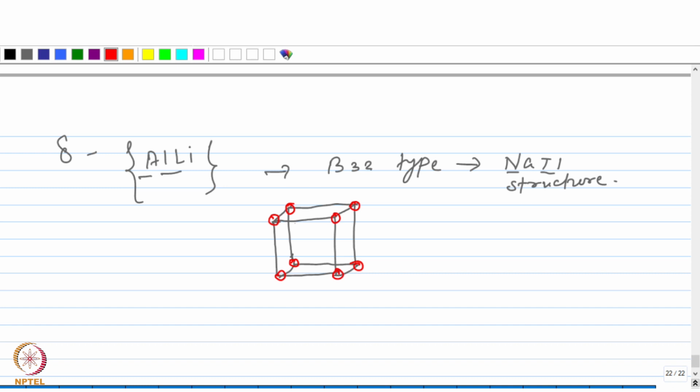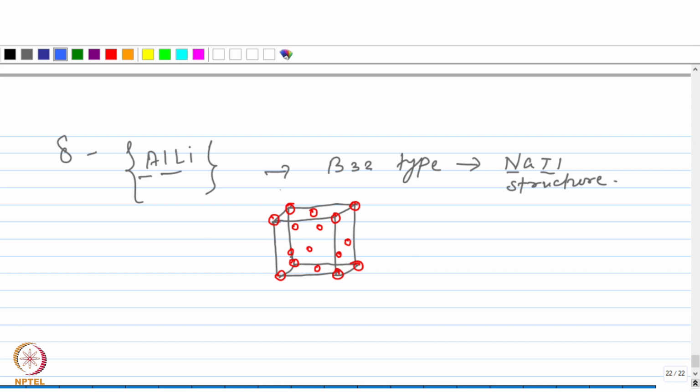Lithium in a diamond cubic lattice. And to describe the position of aluminum atoms, you can simply take them in between the lithium atoms.